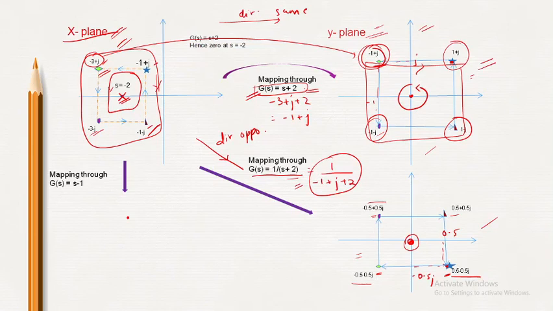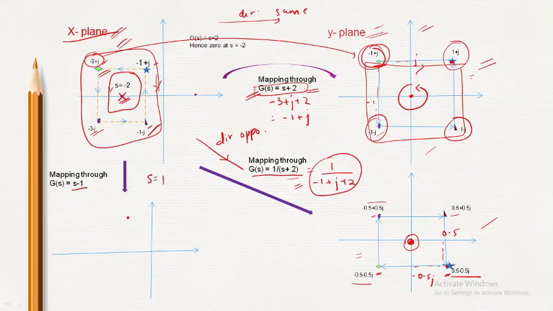Let us map this same contour. We are going to take the same contour, but this time I am mapping it through s minus 1. So here also I am having a zero. There is no pole in the system. Here the zero is lying at s is equal to 1.